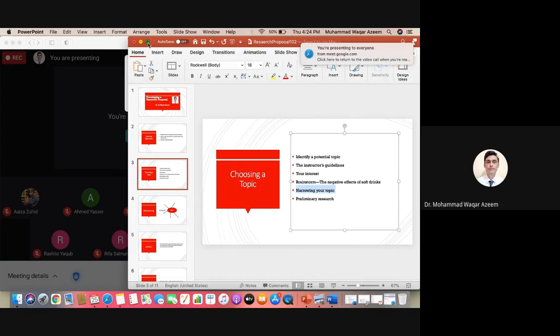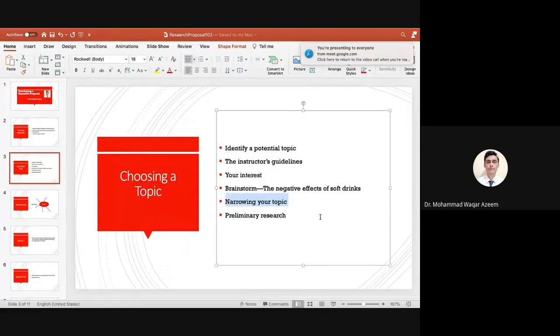Let me explain this to you a little more. If you narrow your topic like this, that is the effects of soft drinks on the academic performance of the school-going children, you have to get in touch with school-going children. You can interview those school-going children. You can separate the ones who consume soft drinks from the ones who do not consume soft drinks, right?